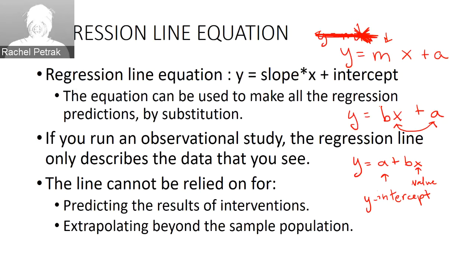And you also can't extrapolate beyond the sample population. You can only apply it within the specific context in which the data was collected. And this is especially true in an observational study.